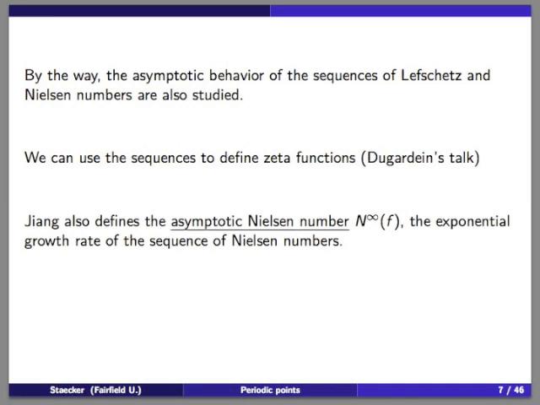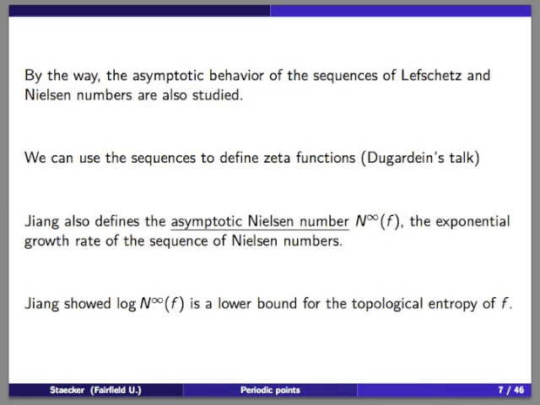Zhang defined something called the asymptotic Nielsen number. This is the exponential growth rate of the sequence of Nielsen numbers. Ivanov, yeah. And Zhang, I believe maybe this is also Ivanov, showed that the asymptotic Nielsen number is a lower bound for the topological entropy.